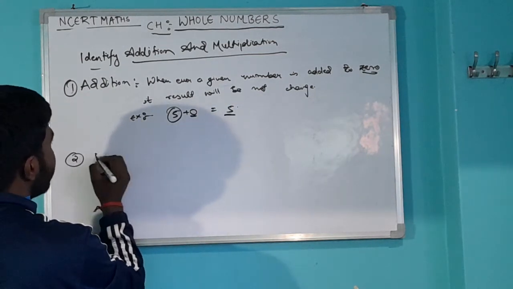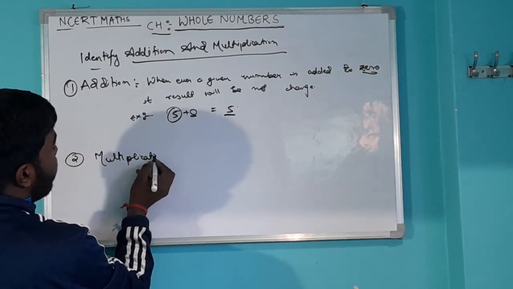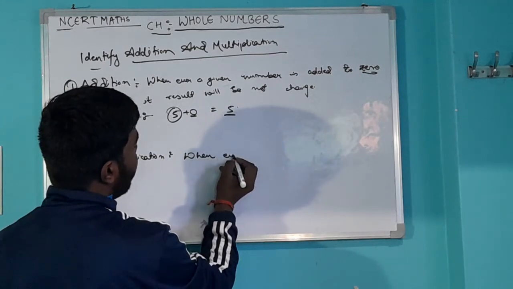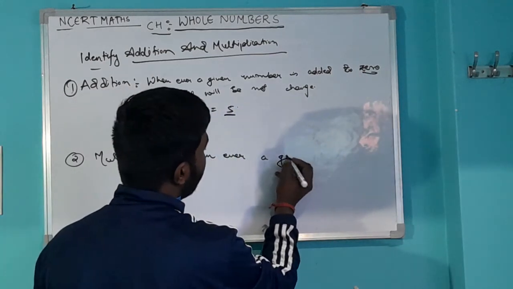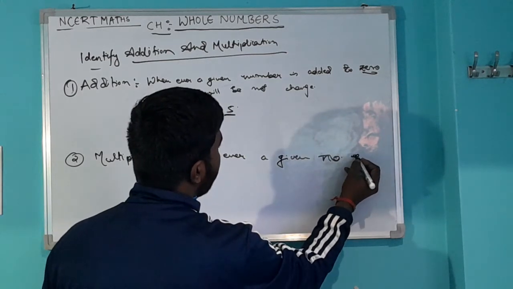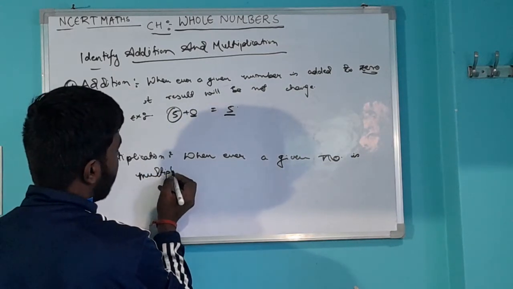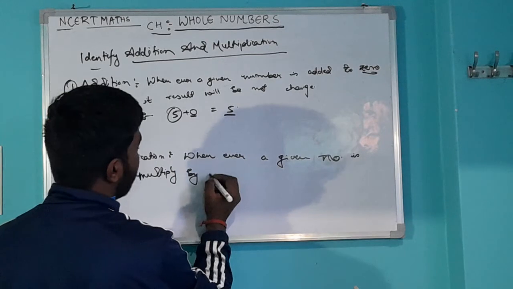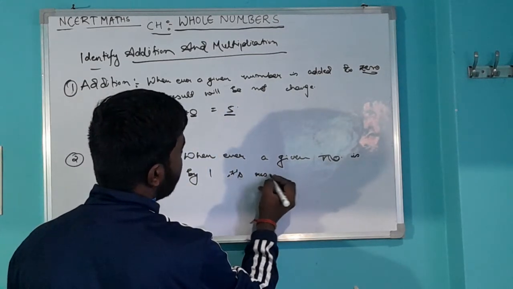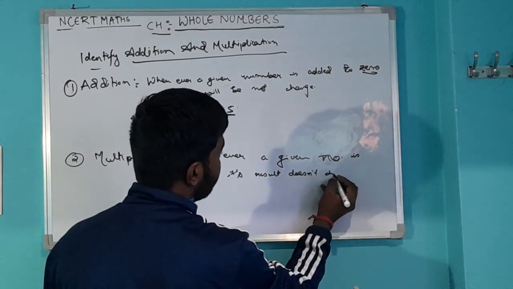In the multiplication case, whenever a given number is multiplied by 1, its result doesn't change.